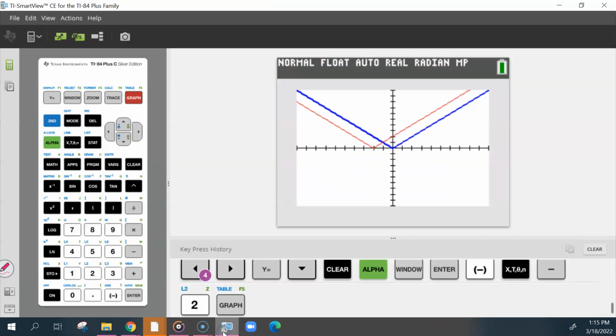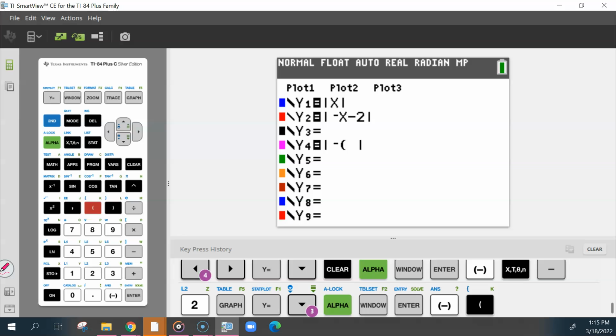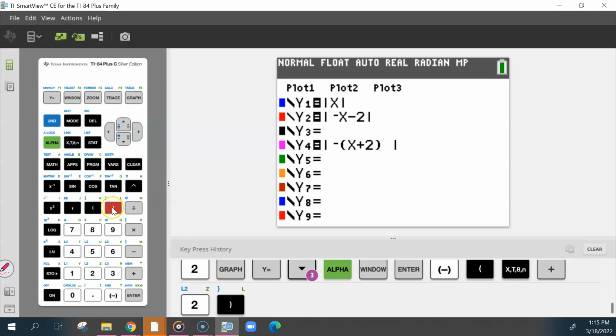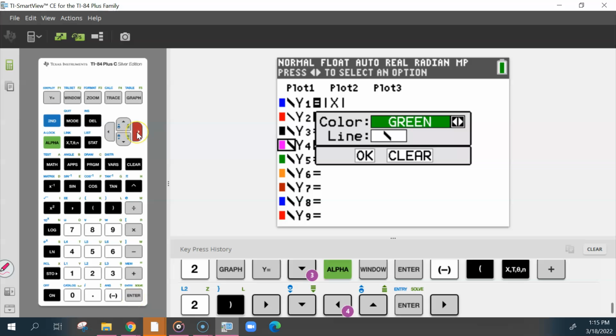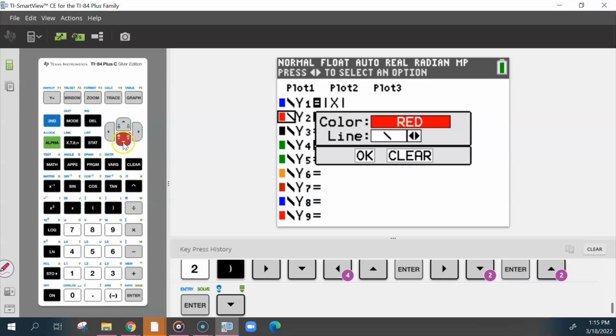Now I'm going to put this in a different color. Let's say pink, sure. And I'm going to put in negative and then in parentheses x plus 2. And actually, let's not make this pink. Let's make this some other color that we'll be able to see really nicely. Sure, green. And then I'm going to make this line thick.